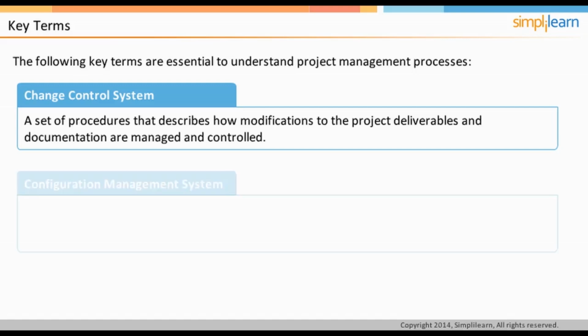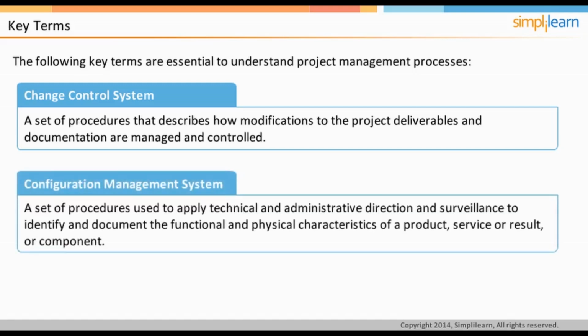A configurable item is any product, service, or result within the project whose characteristics need to be identified, documented, and placed under change control mechanism.